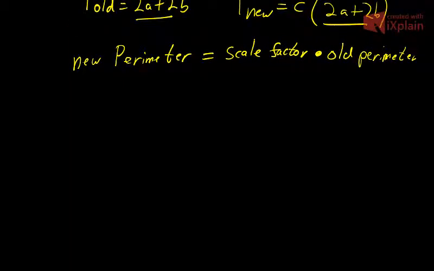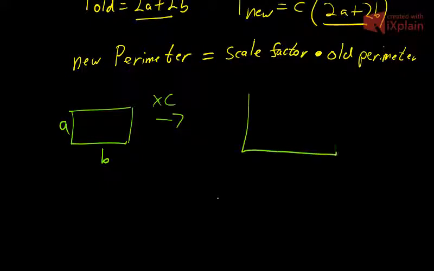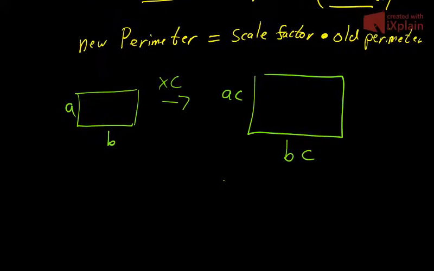So I'm going to do this in a slightly new color. And we're going to start off with our A by B rectangle and scale it up by C to get to my AC by BC rectangle. I'm looking at my old area.